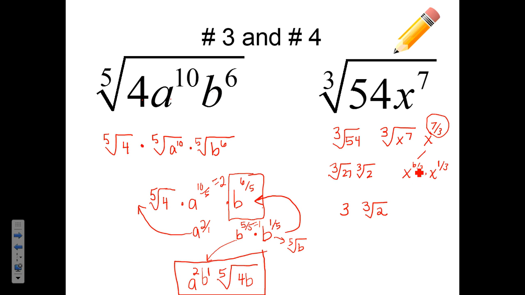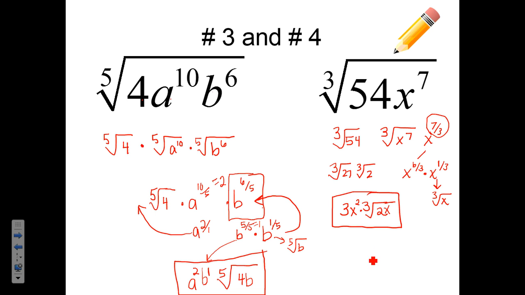And it just so happens that 6 divided by 3 is a nice even positive integer here. X squared goes out in front. X to the 1/3 is the same thing as the cube root of x, and so that goes down below. So there is the answer for this one. It would be 3x squared times the cube root of 2x.